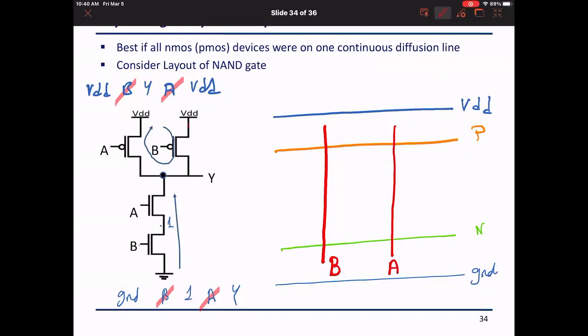How many NMOS transistors did I do here? 2. And how many PMOSes? 2 also, right? Because I have overlap between red and the P type, and red and green, which is the N type. Great.